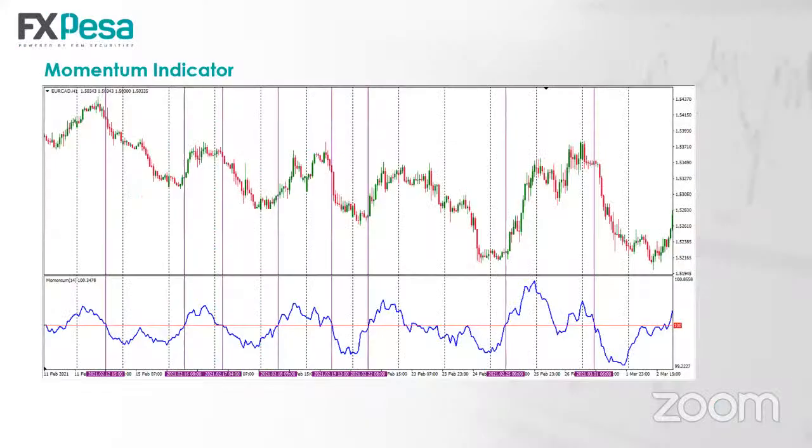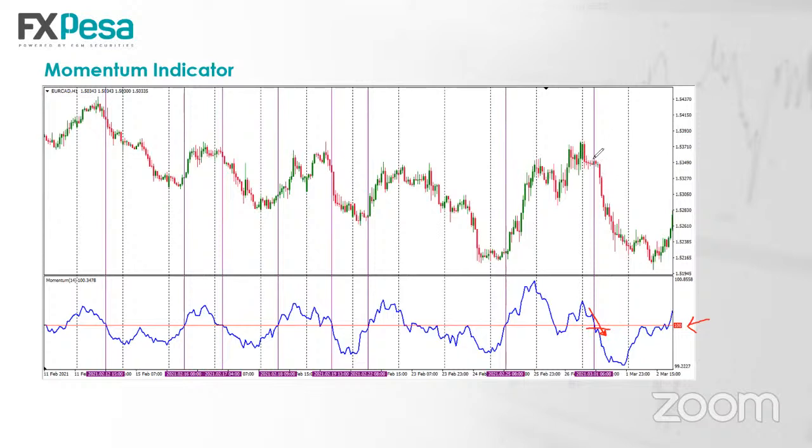This is how you look at it. So for the momentum, if you look on the rightmost side, we have the 100 level. That's what's going to help us confirm whether you're on bearish or bullish momentum. Like in this session where the price crosses below the 50, this indicates bearish momentum.